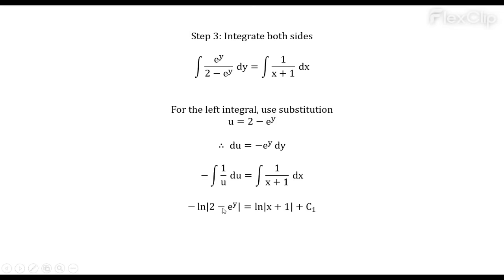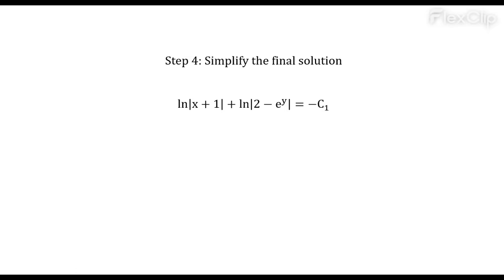I skipped one step mistakenly, but you can write natural log of 2 minus e raised to y, which is u, equal to ln of x plus 1 plus c. You can also write down this c as ln of c, right?